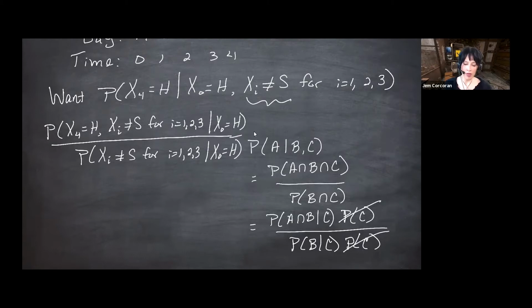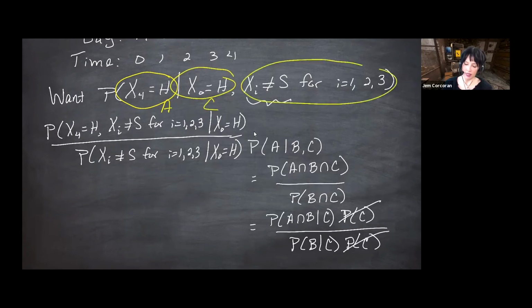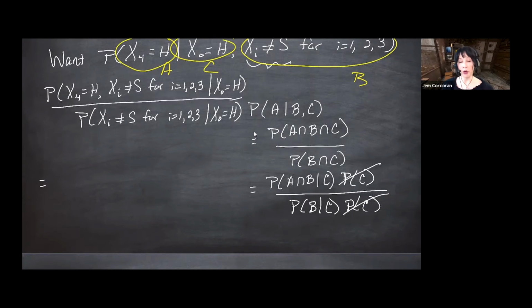So I made this event be like my event A, and this event is like my event C, and this event is like the B. And so now the denominator is just what we computed before. And the numerator is, well, let's simplify the numerator. In the numerator, we're going from happy to happy, never having passed through sad.